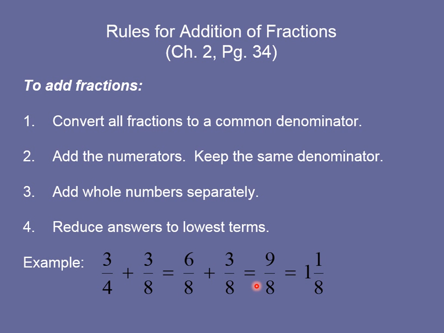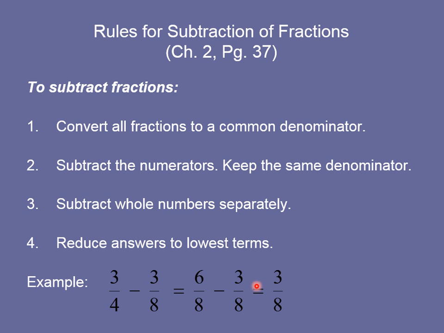In some cases the answer is given as an improper fraction, in which case your answer will be 9 over 8. But if the answer is given as a mixed number, then you still have to convert it into a mixed number, which will be 1 and 1 over 8. You see what I'm saying? Look at the question, because it might be multiple choice and you'll see how the answers are given.